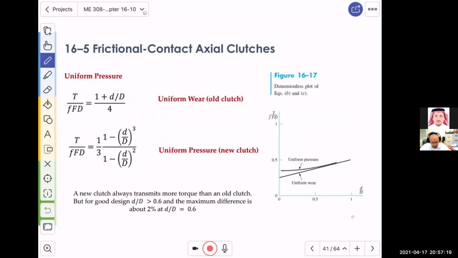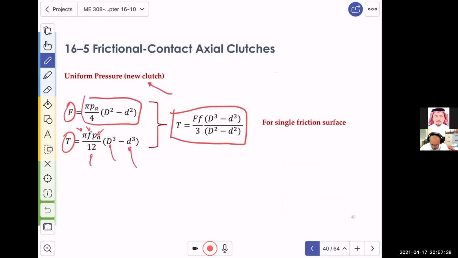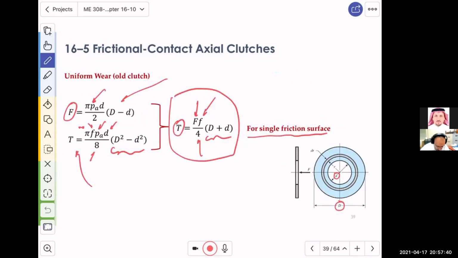Now, there is one thing that we would like you to understand over here. If we go to this equation, look at it. I'm going to clean it, and I just want you to understand it very well.